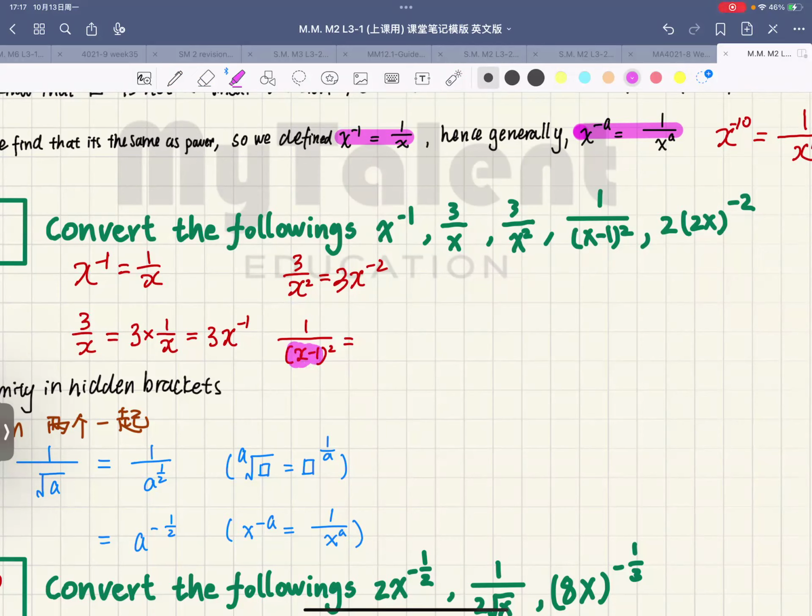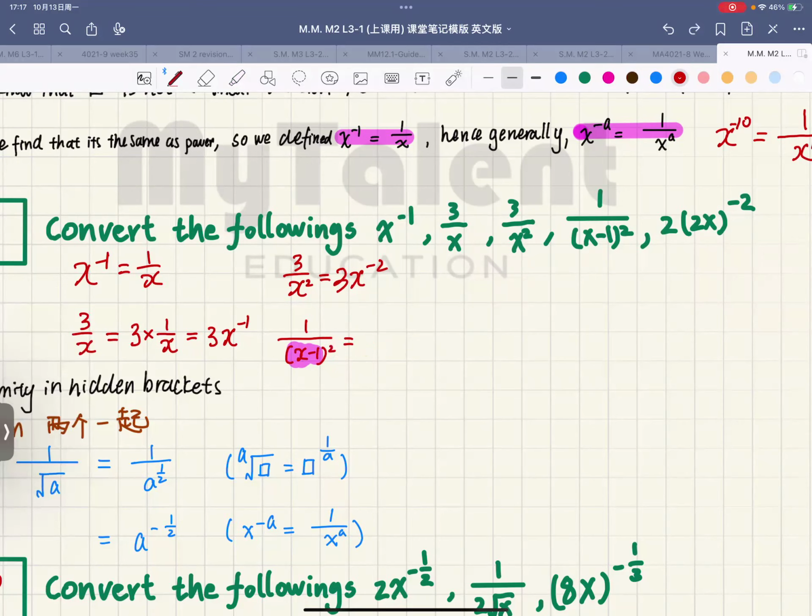Basically that's your x, and that's your a, right? Power of 2 is a. Basically, it's x minus 1 to the power of -2, right?